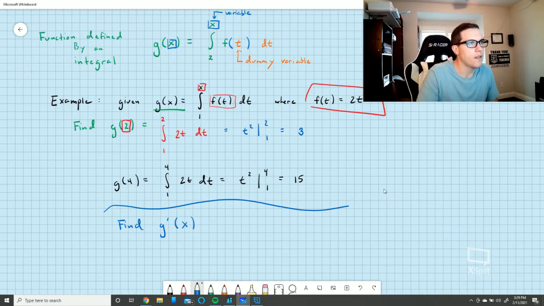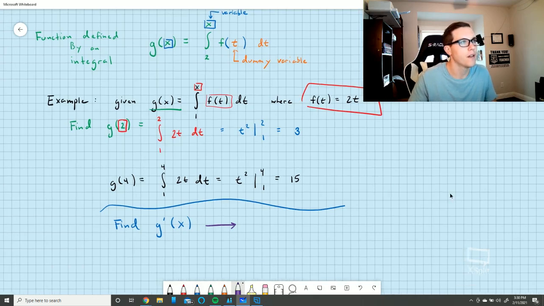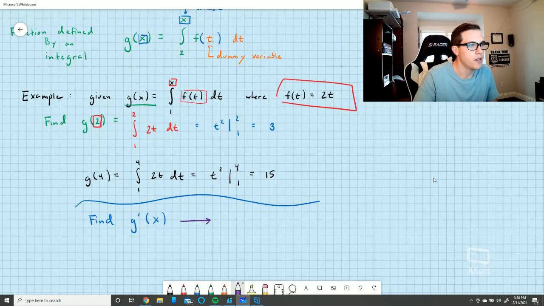How do you find the derivative of a function defined by an integral? Let's see if we can put the pieces together. Ready? We have our function: g of x is equal to the accumulation from 2 to x of f of t, which I'll just plug back in. We're still working with the last example.